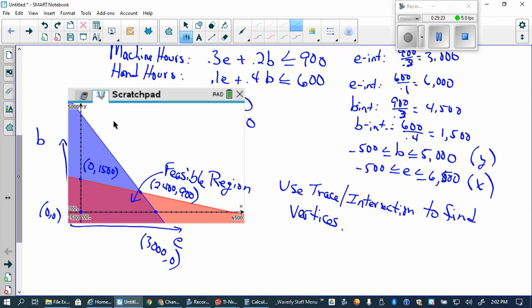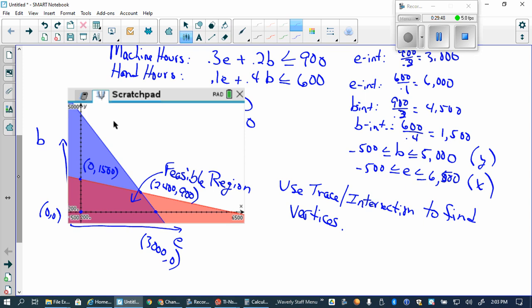Is there anything here you're not understanding about how to get it? We have limits on machine time for each, and hand labor time for each. And we also have a constraint on everything being positive, so quadrant 1. But again, I wouldn't put the constraint inequalities here, because the overlap of shading would be so mind-boggling to figure out which part you want to look at.